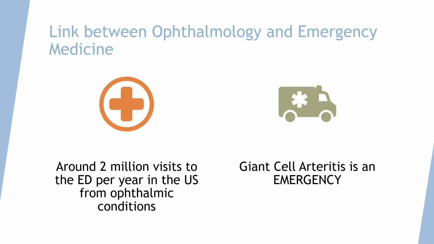Around 2 million visits to the emergency department every year in the US are from ophthalmic conditions. And the topic we are going to cover today, giant cell arteritis, which is an arteritic AION, is an emergency. This is one of the reasons why people go to the ED.